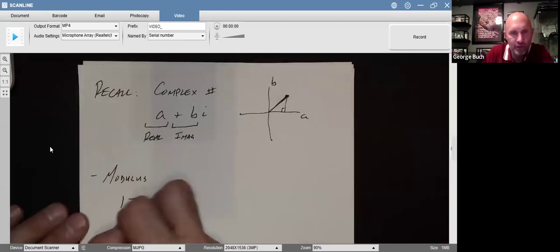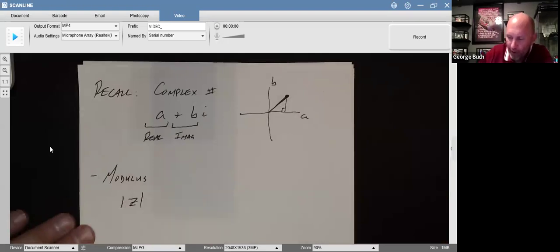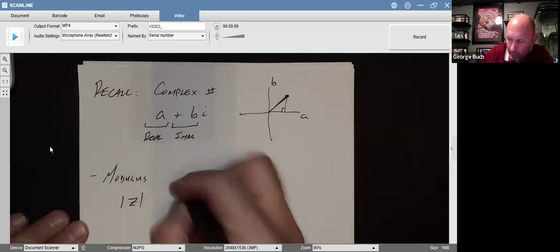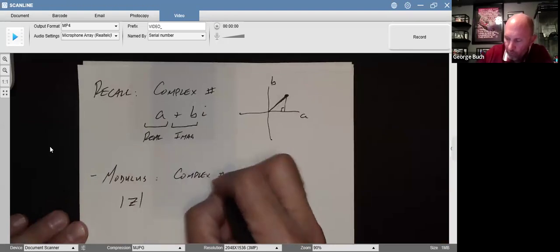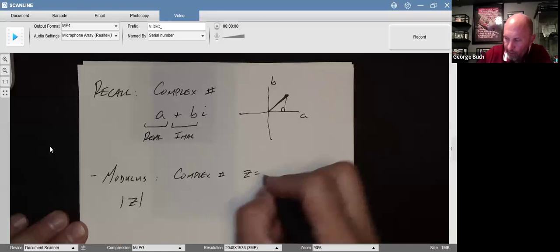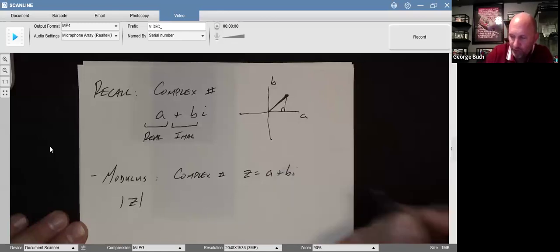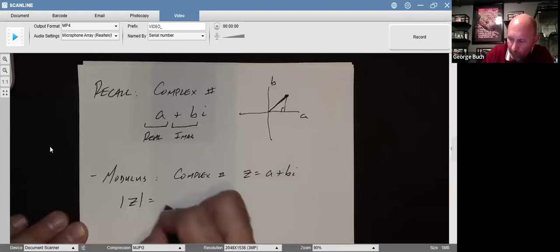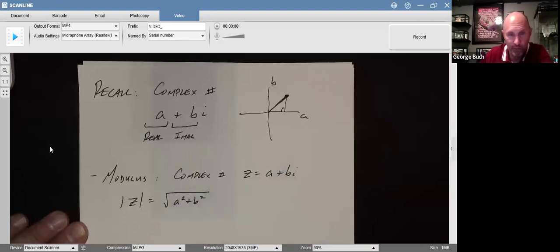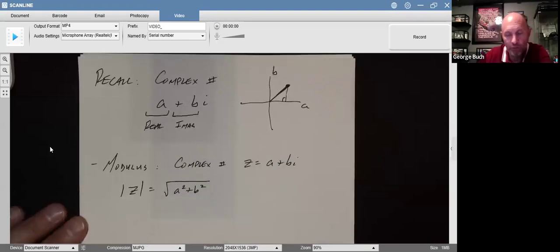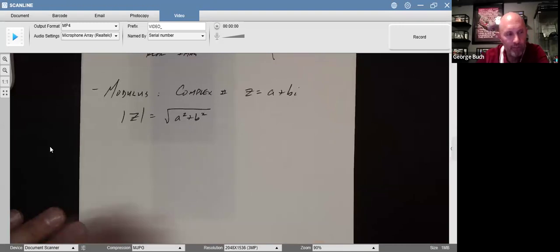If we have a complex number z, which has the form a plus bi, then the modulus of z is the square root of a squared plus b squared. Again, just like we've been doing all semester, hypotenuse, radius, etc.